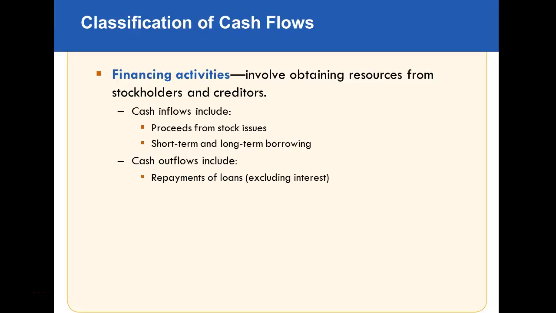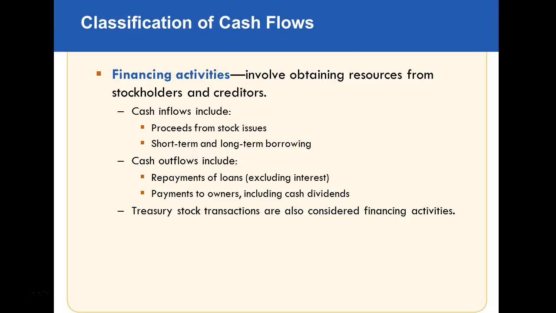Cash outflows include paying back loans and paying dividends to the shareholders, and treasury stock. Think about it. When a company buys back treasury stock or sells treasury stock, that's a manner in which they're financing the company. Okay?